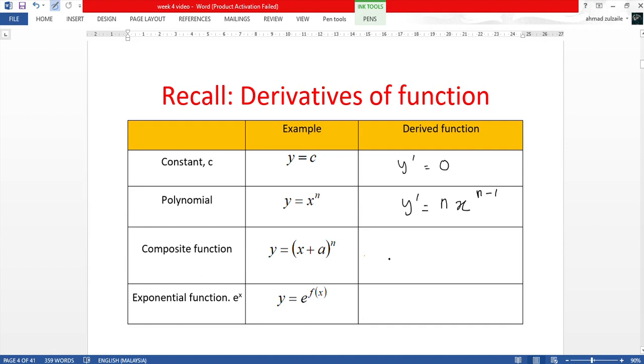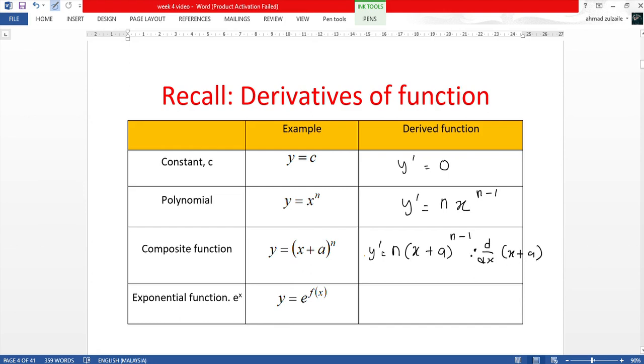Next, composite function, y equal to (x plus a) to the power of n. Our y prime is, do the same thing as the polynomial: bring down the power in front, copy the function, nothing happens to the function right now, and the power becomes power minus 1. And don't forget to multiply by the derivative of the function inside the bracket. Always do that.